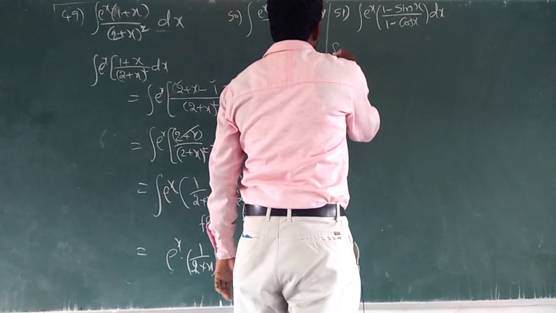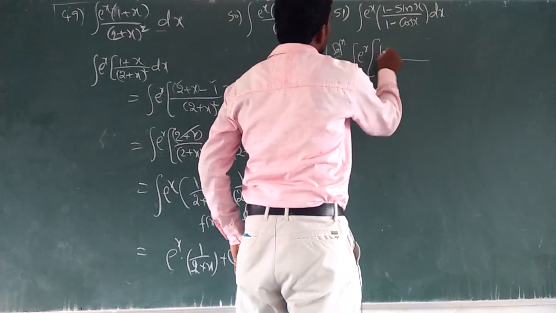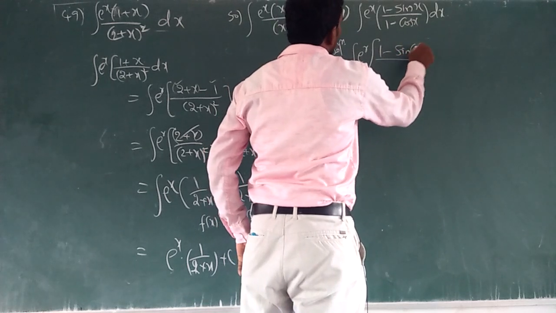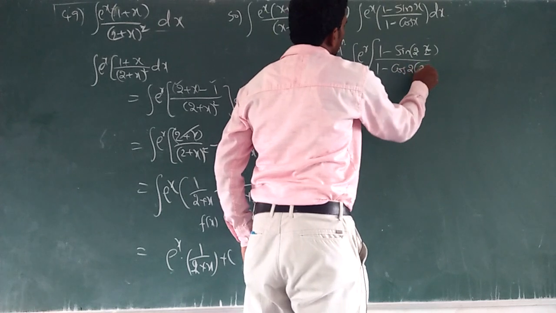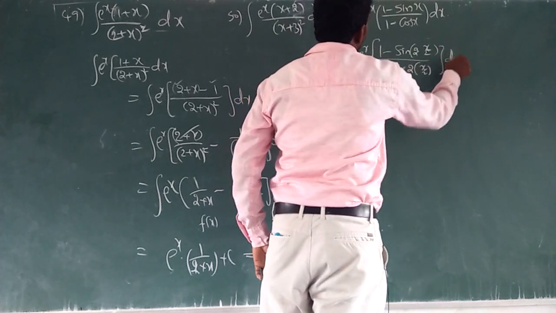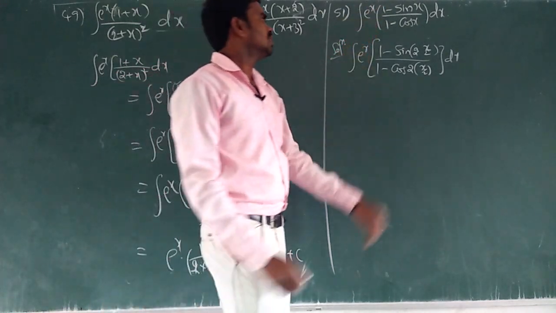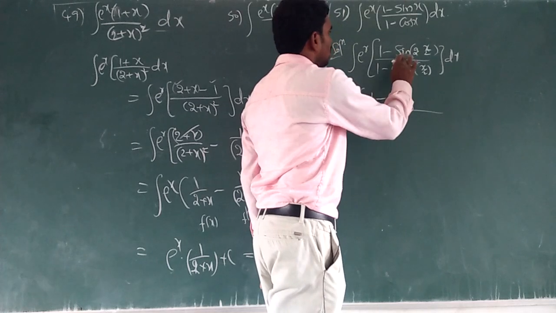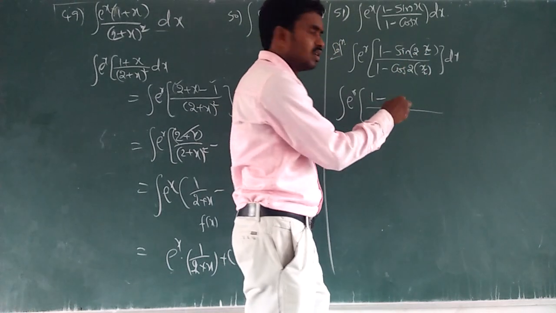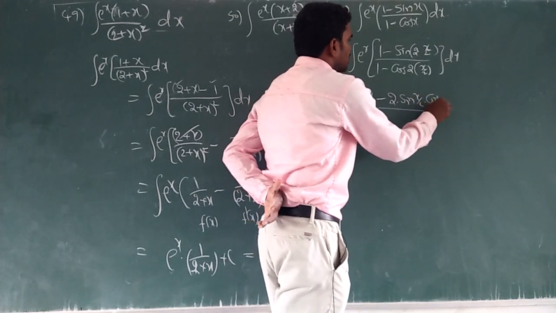Okay. Solution. e power x of, I am rewriting sin x as sin 2 into x by 2, and 1 minus cos x as 1 minus cos 2 into x by 2, because we can't simplify it directly. Now integration of e power x of 1 minus, what is the sin 2 theta formula? 2 sin theta cos theta.